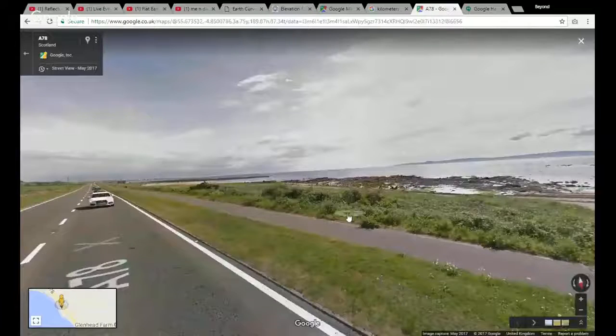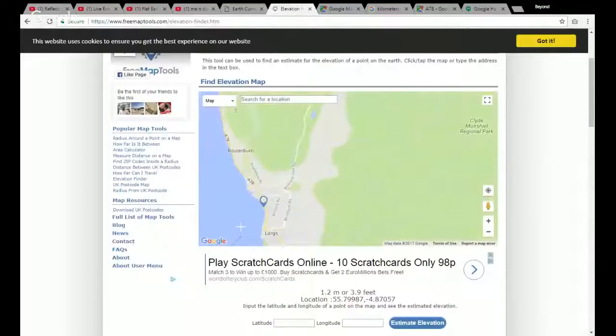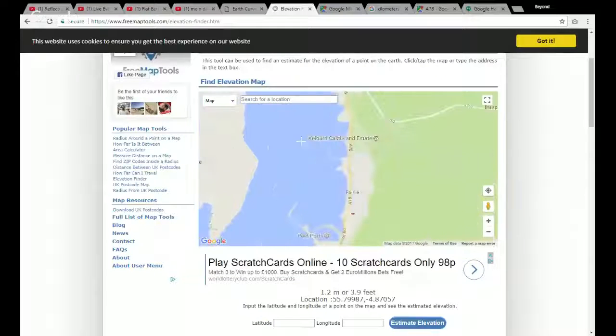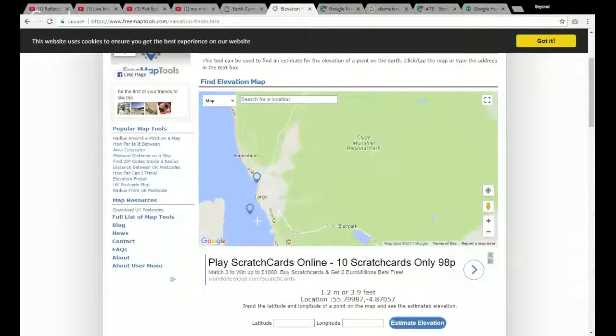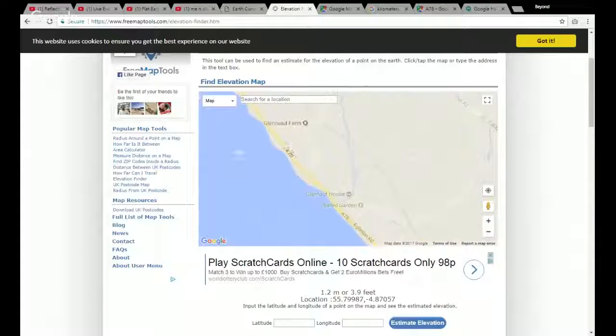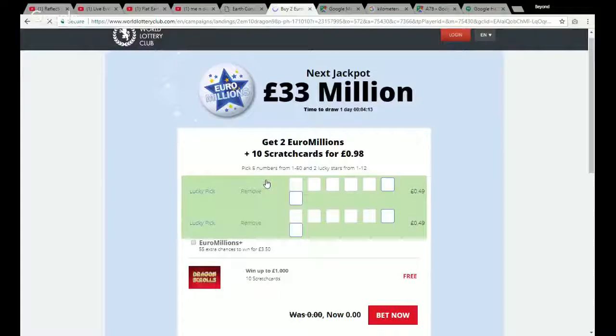Observation 2, which is from this point, let's get an elevation on that. Where I'm at here. So we've got 2.6 or 8 point. I don't think that's the right place. Hang on a wee minute. Oh, what the fuck is that?